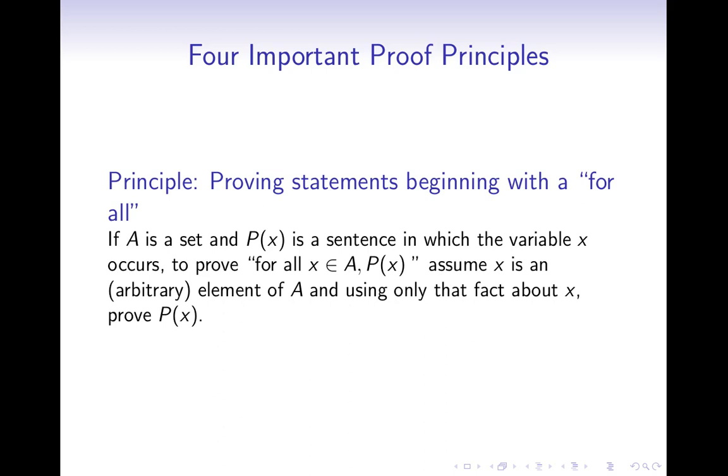But the principle is, if capital A is a set and P of x is a sentence in which the variable x occurs, and you want to prove the mathematical statement for all x in A, P of x. In other words, we're proving for every x in A, the sentence P of x is true.